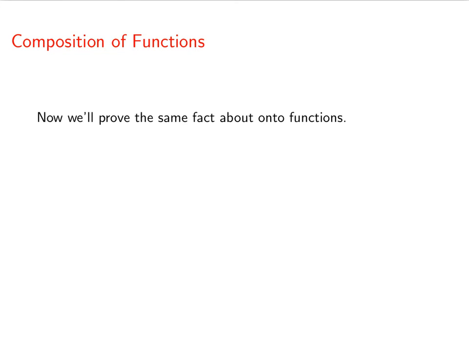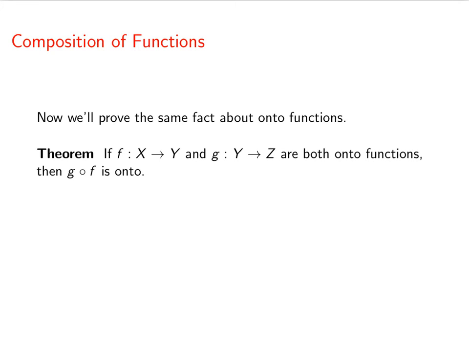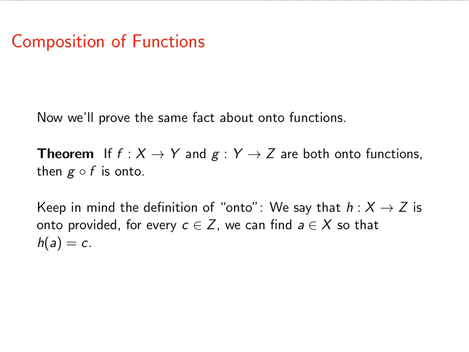Okay, let's prove the same fact about onto functions. That is, if f mapping from x to y and g mapping from y to z are both onto, then g circle f is onto. And again, I'd like to keep in mind the definition of onto. We're going to say that h mapping from x to z is onto provided for every c that's in the codomain, we can find an a in the domain so that h of a is equal to c.